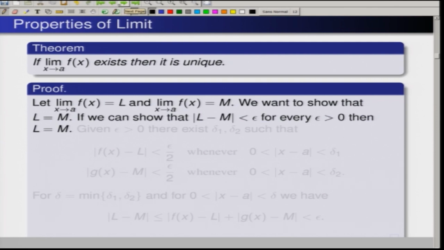Suppose somebody gives us 1/10, then |L − m| is less than 1/10. Somebody gives us 1/10^5, we will also show that |L − m| is less than 1/10^5. Similarly for any small epsilon, if |L − m| is less than epsilon, then L has to be equal to m.